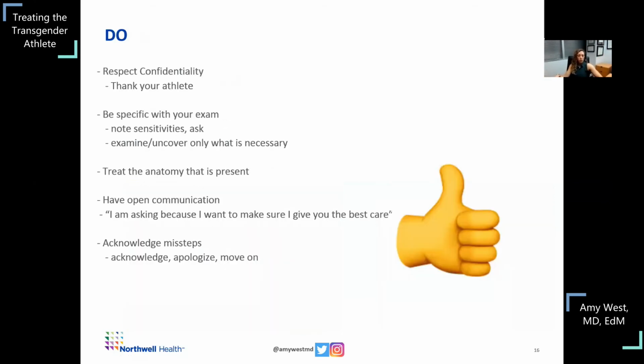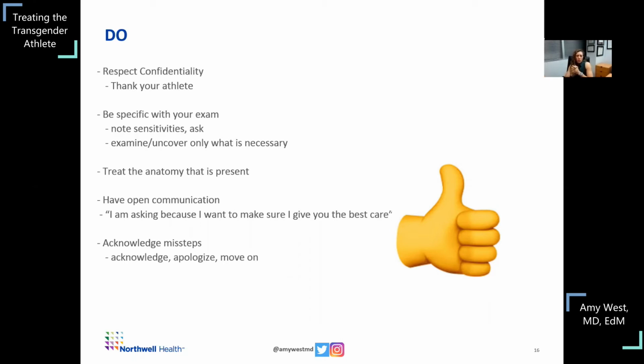So, things to remember to do. Respect the confidentiality of an athlete. Certainly if you're an athletic trainer, someone who works in the school with you, and an athlete essentially comes out to you as a transgender person, you want to make sure that they're cool with you telling other people before you do that. Just as with any medical condition or any other issue, you want to gain trust by not telling people things that they don't want out there.